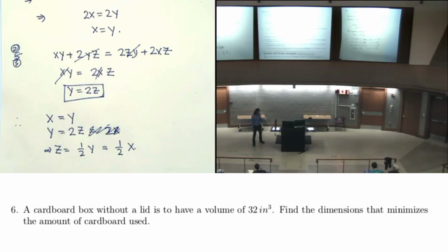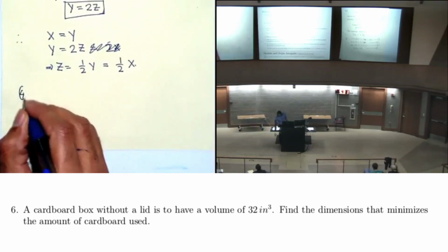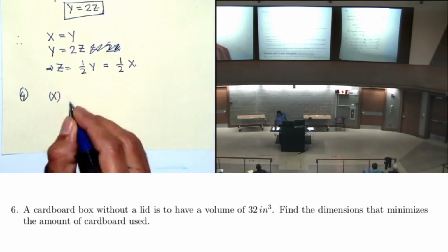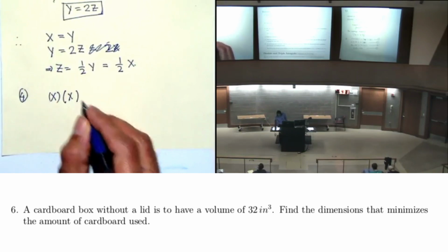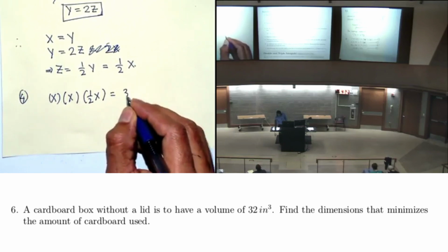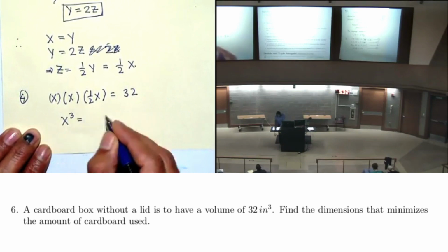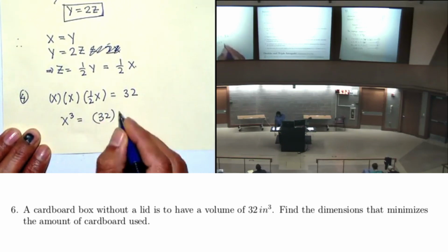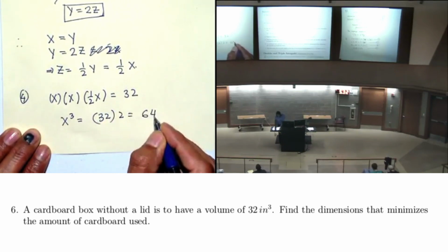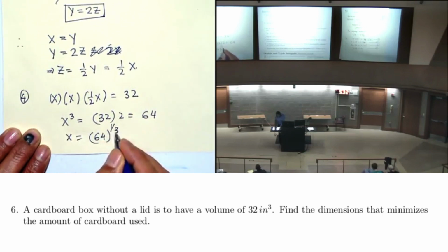Now I can use equation number 4. What do I have? x times y, which is x, times z, which is 1/2 x, is equal to 32. So x cubed is going to be 32 times 2, which is 64. x is 64 to the power 1/3.